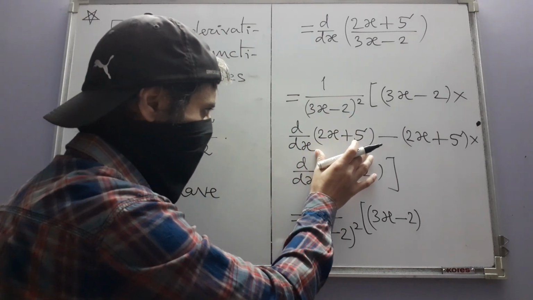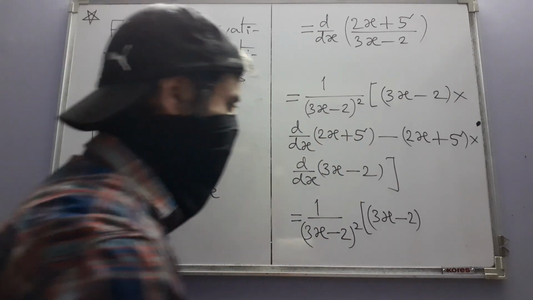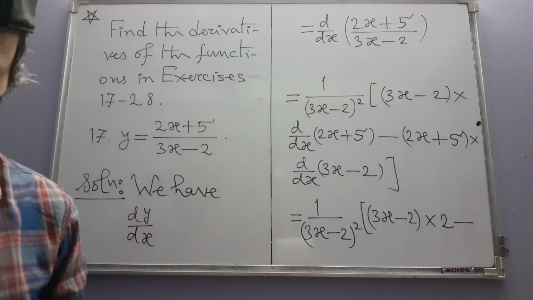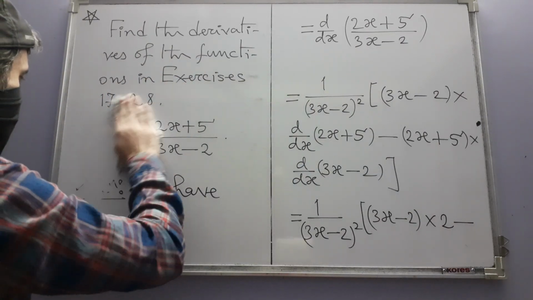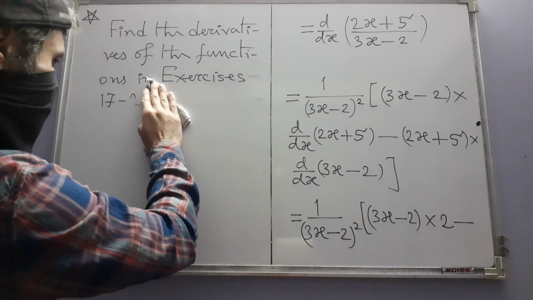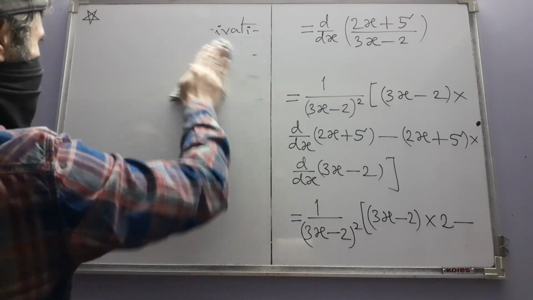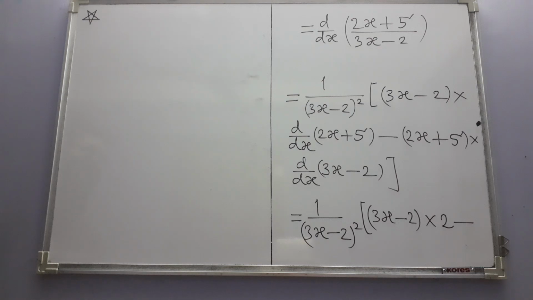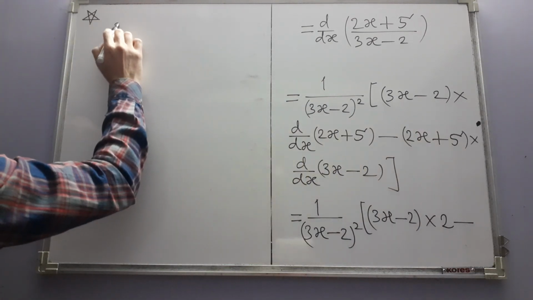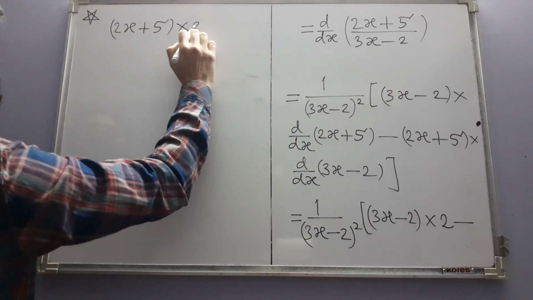That means the derivative of this entire thing is 2 times 1 plus 0, or 2, minus. Similarly the derivative of this will be 3 times 1 minus 0, or 3. Minus 2x plus 5 times 3.